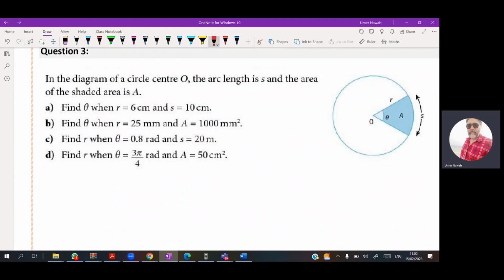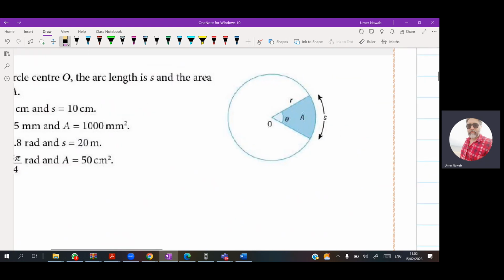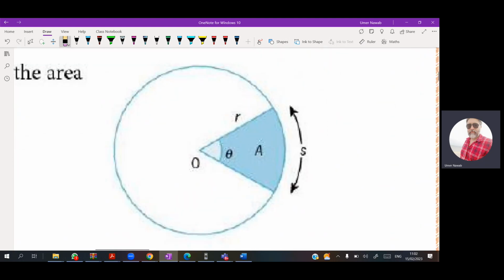First, you need to understand that this portion, a part of a circle, I call a pizza pastry. In mathematics, it is called a sector. In this diagram, he has written A, which means he's asking you for the area of a sector.